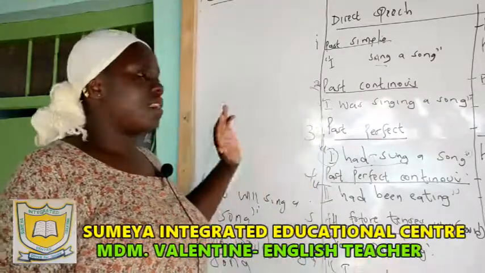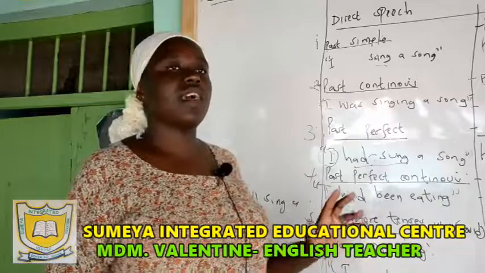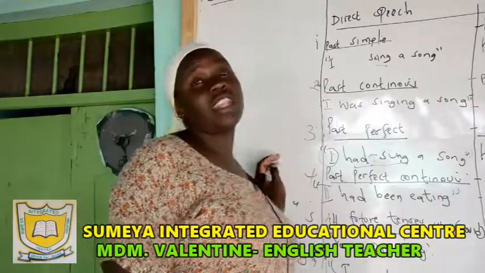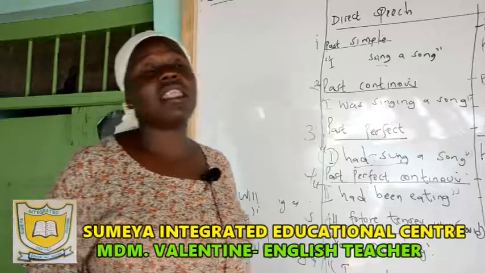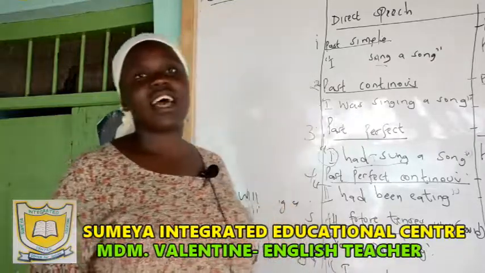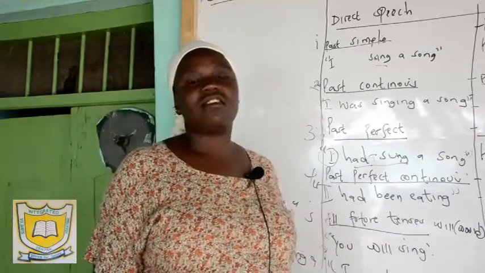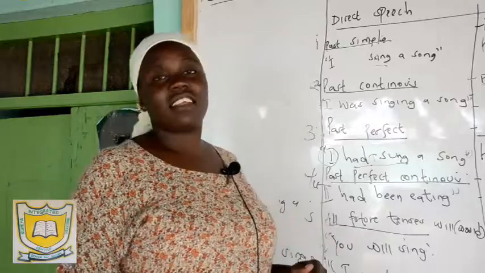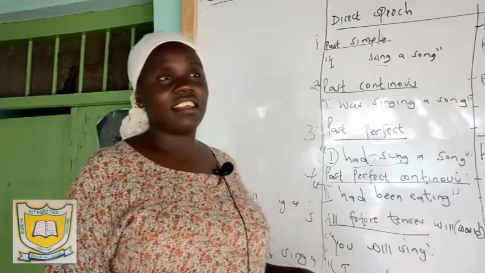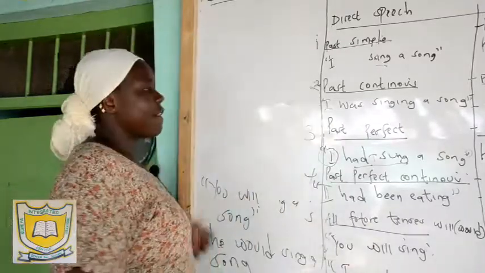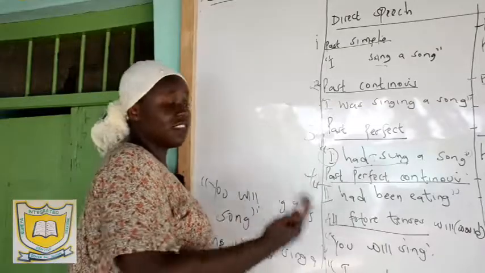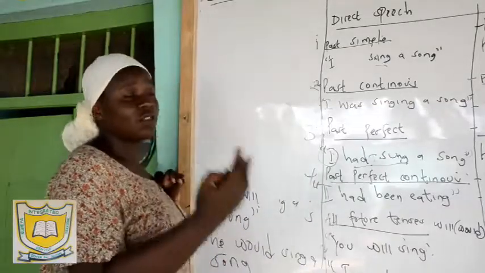You also look at the pronouns and see how they are supposed to change. I also talked of other words: today changes to that day, now changes to then, and yesterday changes to the previous day, so that you can change these sentences correctly from the direct speech to the indirect speech.